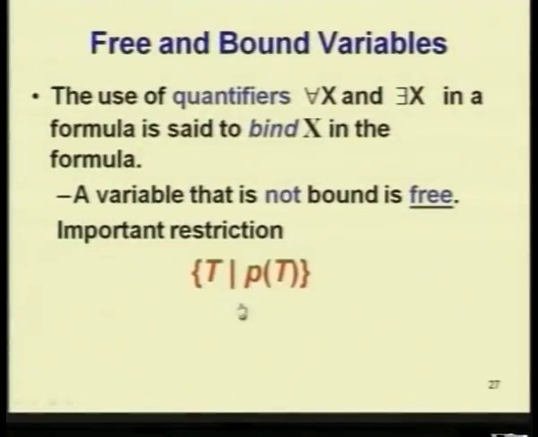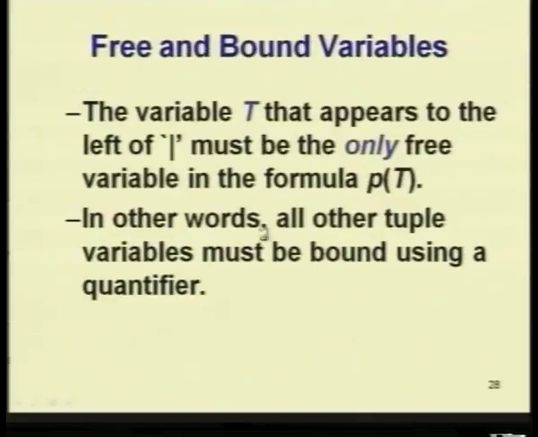In other words, all other tuple variables that do not come on that left hand side, which we do not want the answer about, must be bound. So, I will repeat this again. If you have t, all tuples that satisfy this predicate, then whatever variables you have here must be the only free variable in the formula. All other variables which are not coming in that part should be bound.